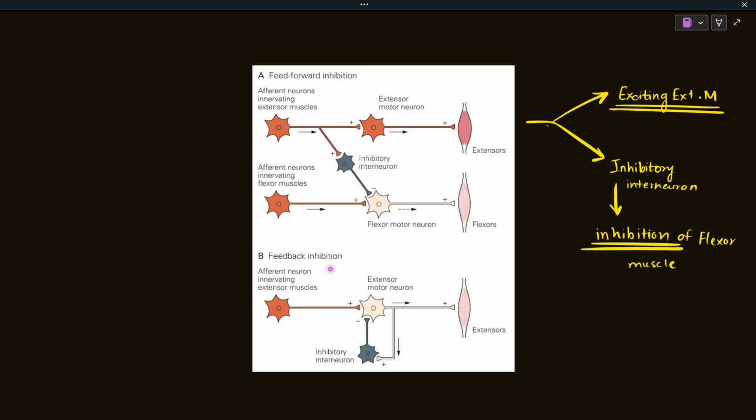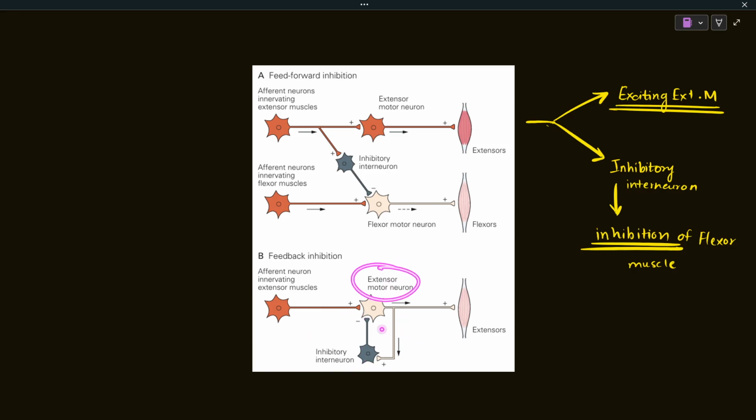While on the contrary, in feedback inhibition, the afferent neuron, which is going to activate the extensor muscle, sends the signal to the extensor motor neuron, right? The extensor motor neuron sends the information to the extensor muscle for contraction, but it also forms one synapse with an inhibitory interneuron, which in turn inhibits the same motor neuron.